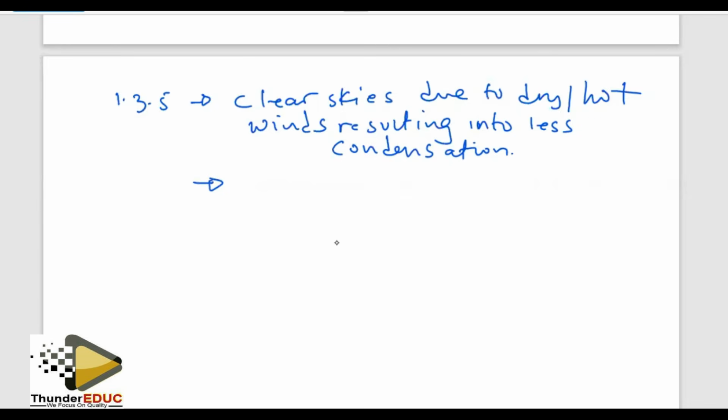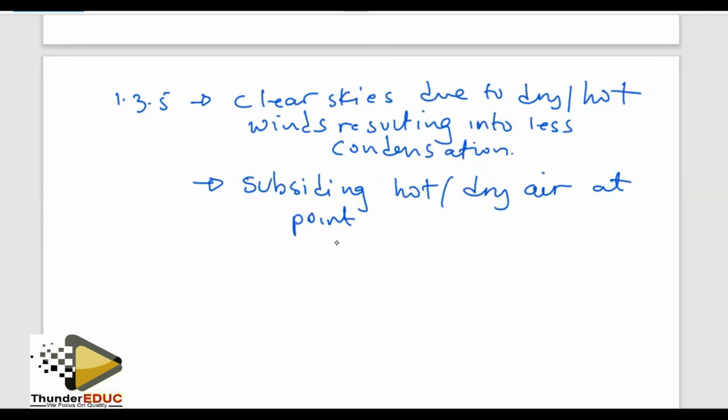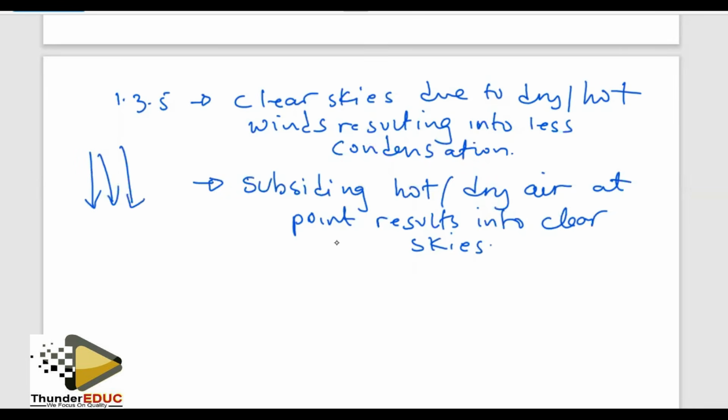Secondly, we could say subsiding hot dry air at point A results in clear sky. Whenever air is subsiding, there will be no condensation happening, so we end up having clear skies.